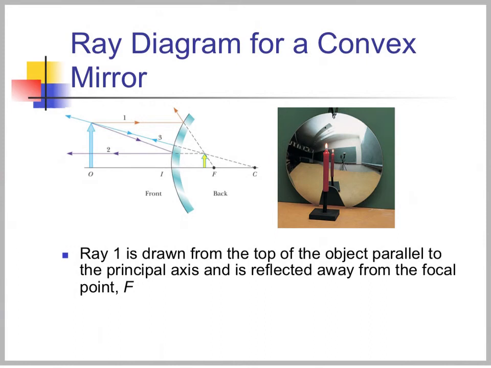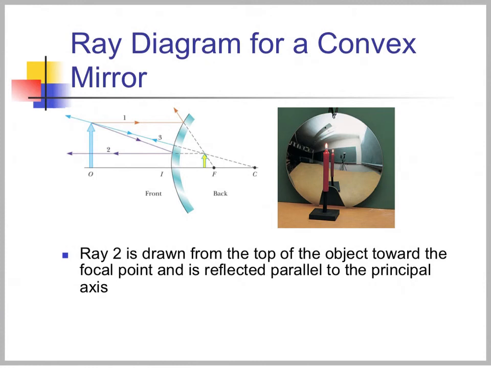Ray 1 is parallel to the optical axis and then is reflected as if coming from the focal point. Ray 2 is drawn from the top towards the focal point, but then when it hits the mirror it is reflected back parallel to the optical axis.